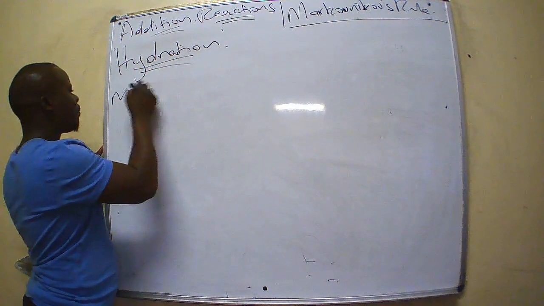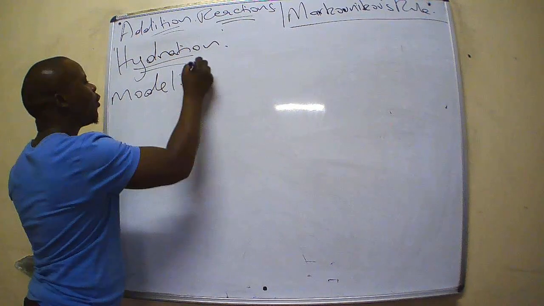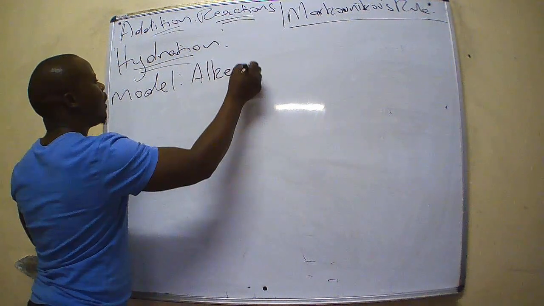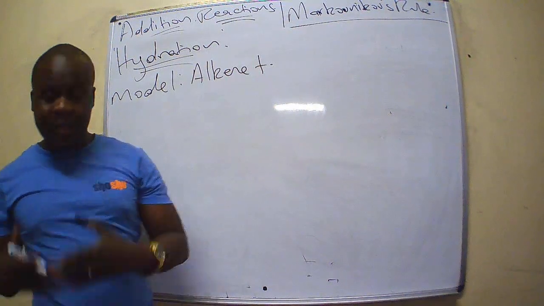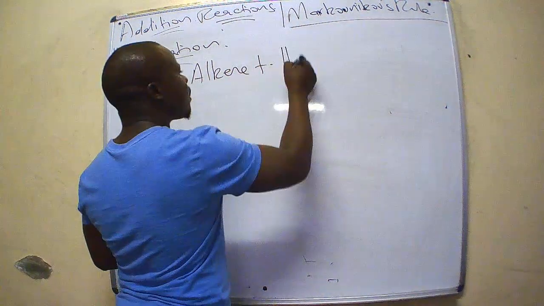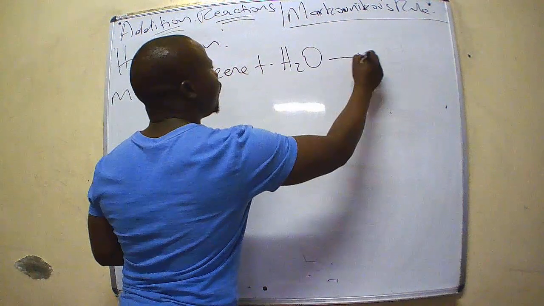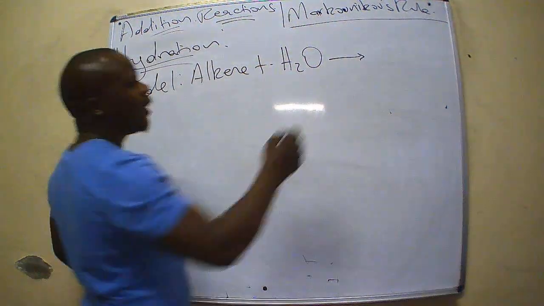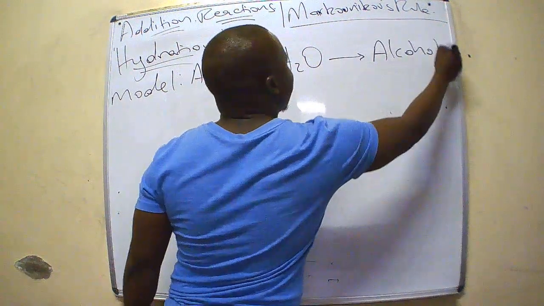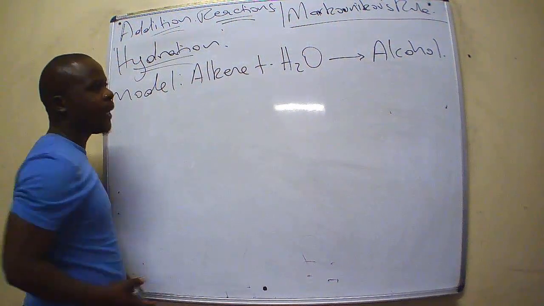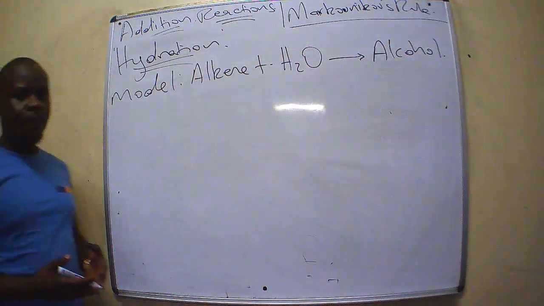The model: alkenes, what are they reacting with? In hydration, they are reacting with water, with H2SO4. When they react with water, the product that we are going to get is an alcohol. We will get an alcohol at the end of the day.